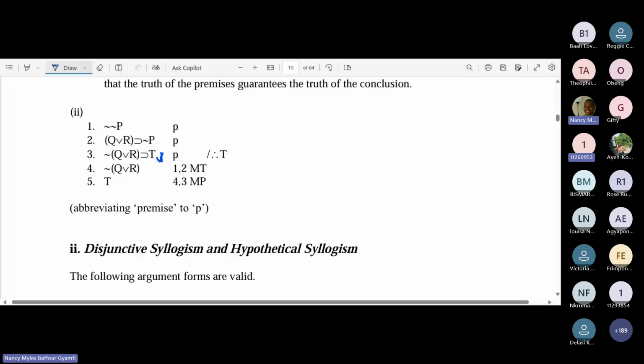One way to do that is what you have been told in line 4: I did modus tollens on 1 and 2. Is that correct? Yes, I think so. Modus tollens says if I have P then Q and I negate my Q as it was given, it will lead to a negation of the P.